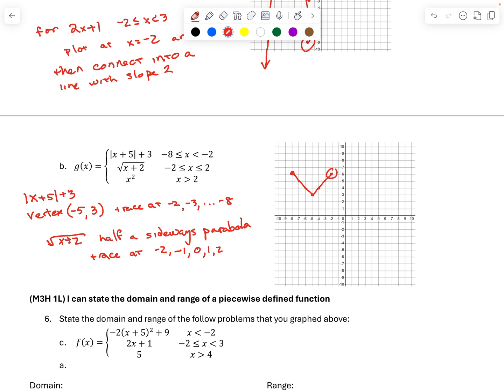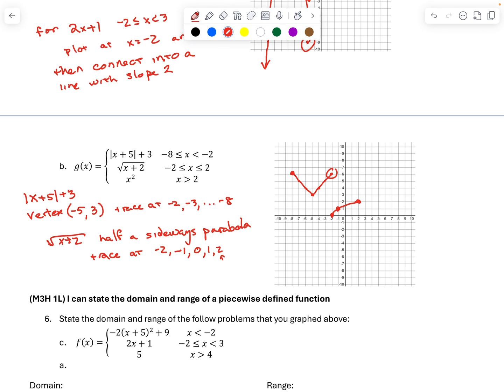So if I trace at -2, I get 0. -1, 1. When I get to the end here at 2, it's the square root of 4, which is 2. So this bends just like parabolas do. And closed in circles, and that's the only chunk of that.